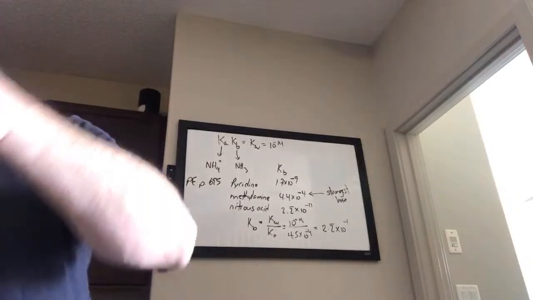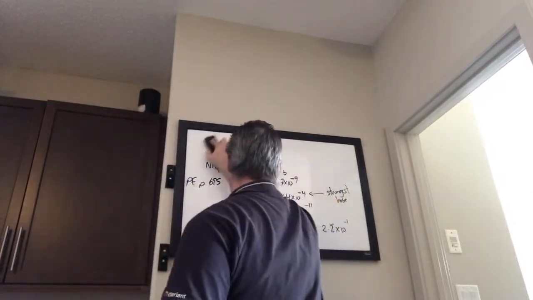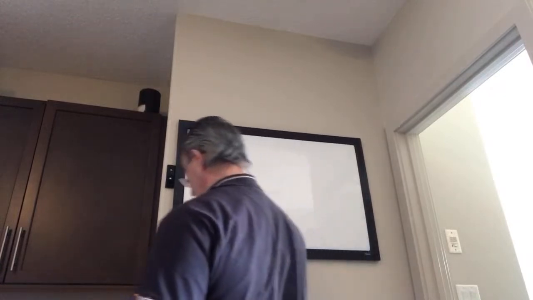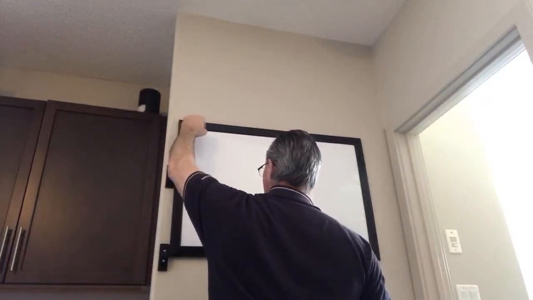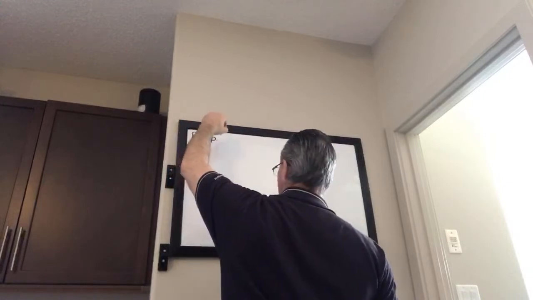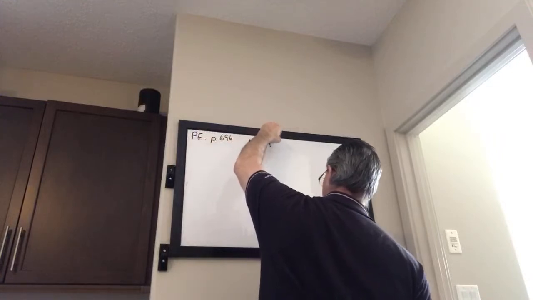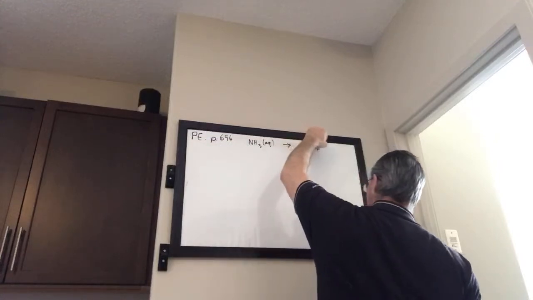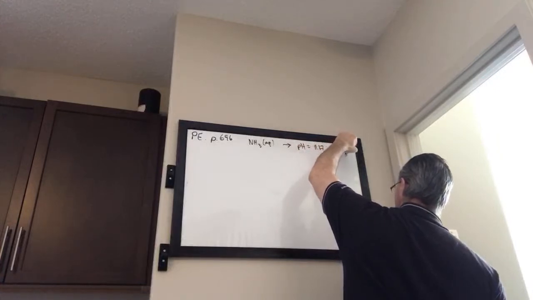Now, NH3 aqueous gives you a pH equal to 11.17, and what they're asking is, what is the NH3 concentration?